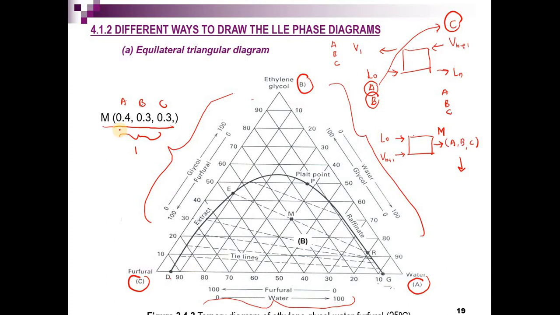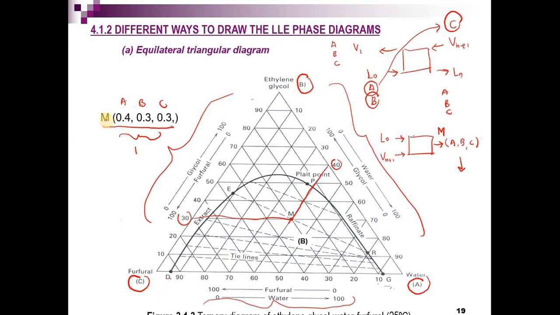So how can I locate this composition inside this triangular diagram? You can start with component A first. A is 0.4, so you go to the axis for component A, 0.4 here. So this is the line. Next, B is 0.3, so you go to the B axis, 0.3 here, so this is the axis.